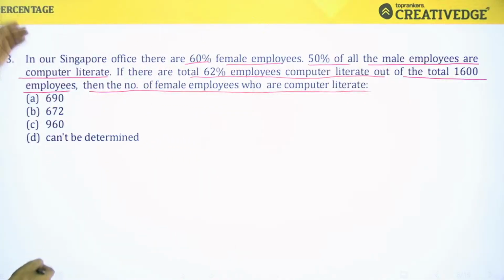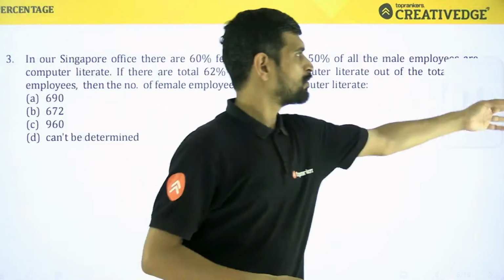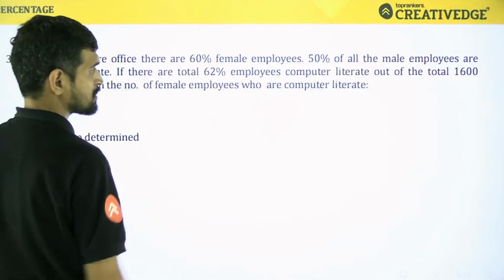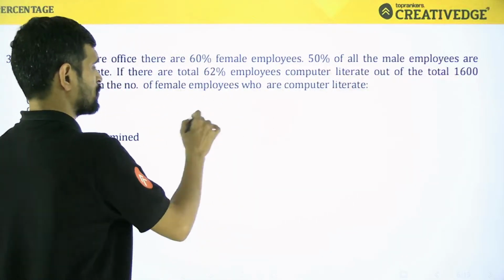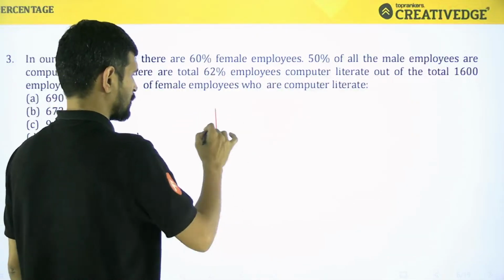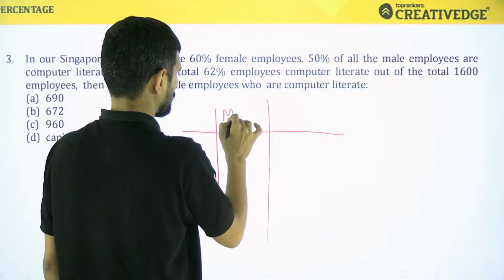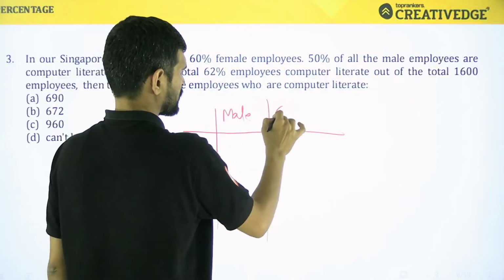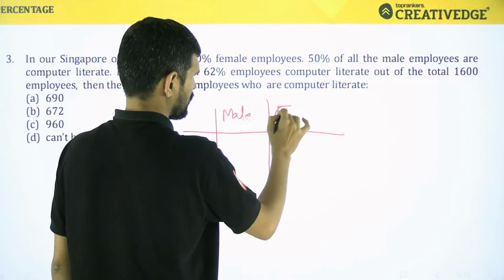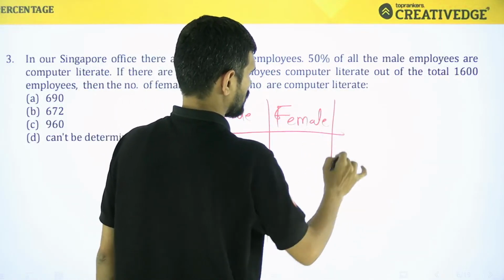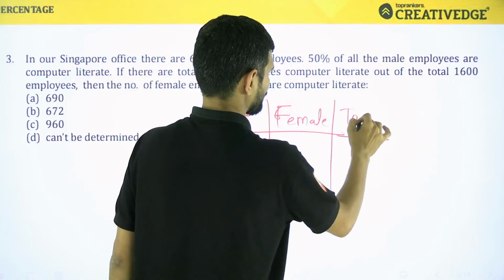So first thing first, what we know is that in our Singapore office, 60% are female employees. So we are talking about an office where the employee information is based on gender, right? So male, female, and total.